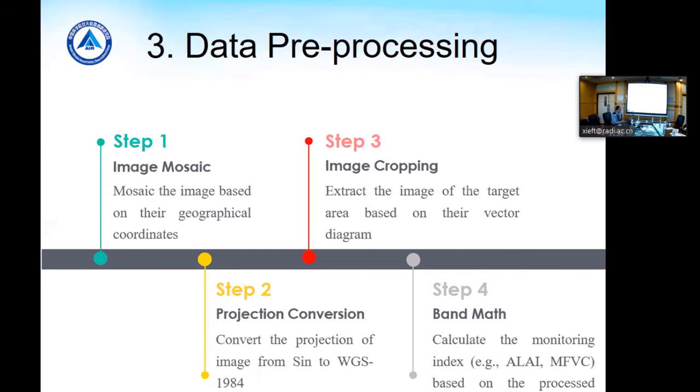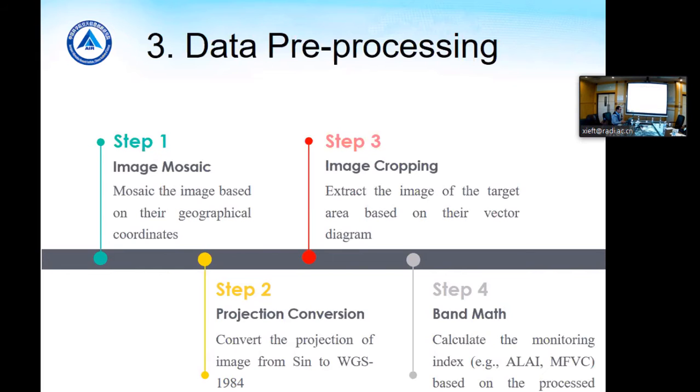Then let's go to the next step, the data processing part. There are 4 steps in total. Step 1 is image stacking. Since the published product region is divided into many tiles, we should mosaic those tiles into one image based on their geographical coordinates.